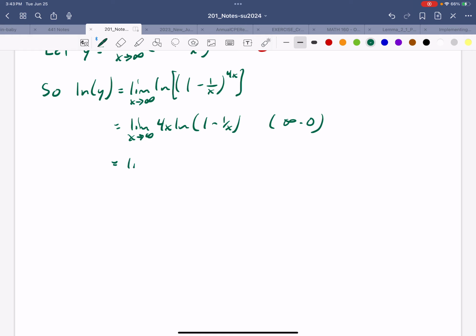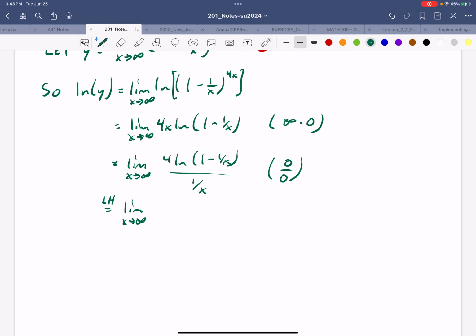And so we're going to get the limit as x approaches infinity of 4 ln of 1 minus 1 over x, divided by 1 over x. Now we have 0 over 0. And so now we can use L'Hopital's rule.